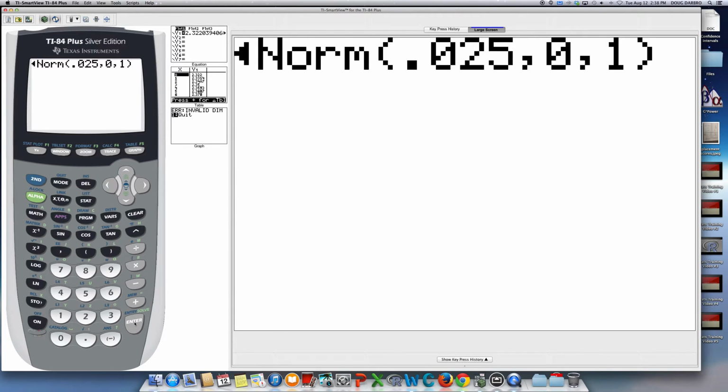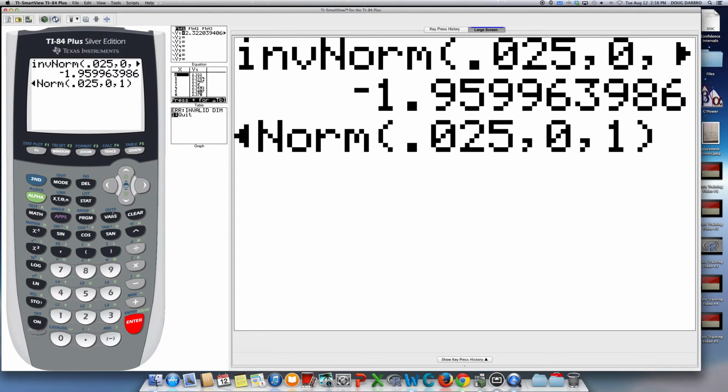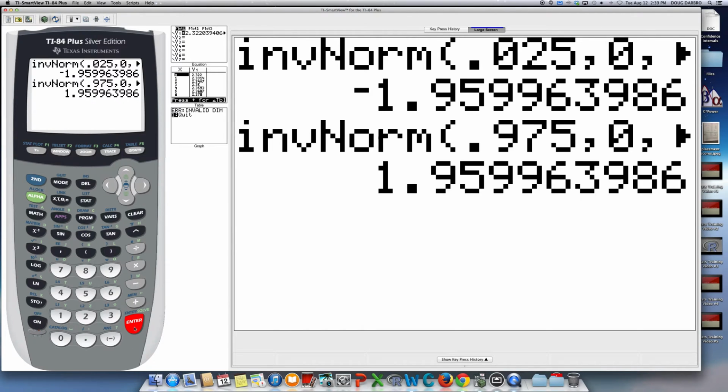Hit enter, hit paste, and you'll see that we have negative 1.96. Now, if I go second function entry, which will give me exactly what I put in before, if I look at the right-hand bound of that, then this is going to be 0.975. I've got the 95% in the center plus the additional 2.5% on the other end.